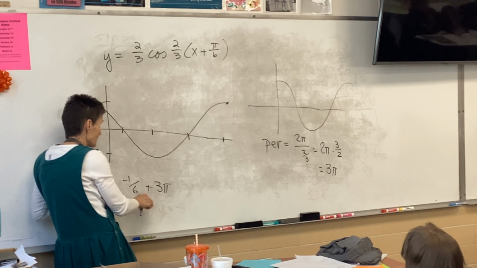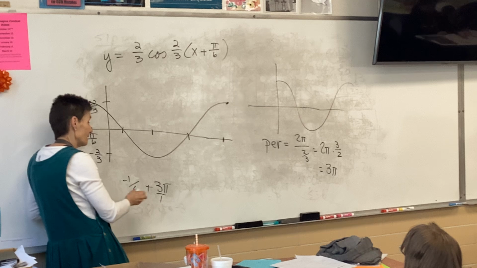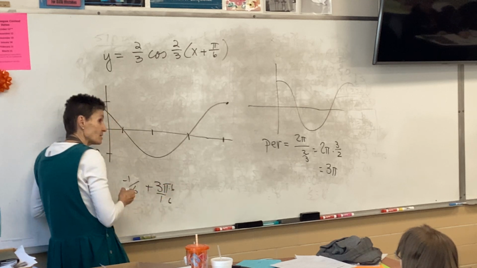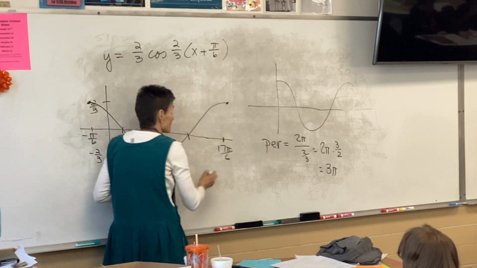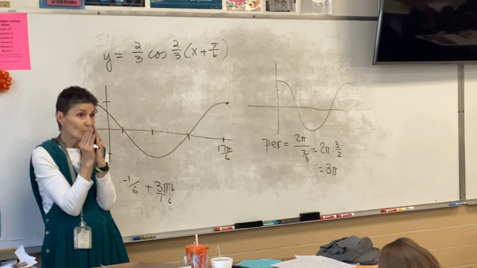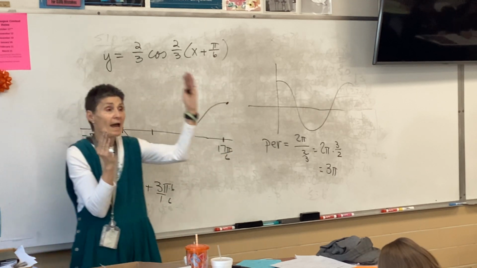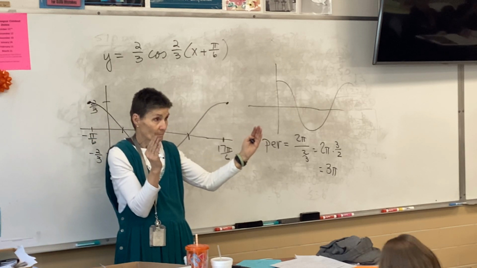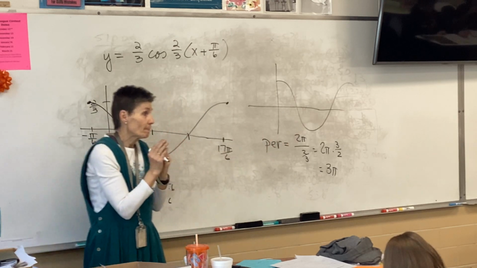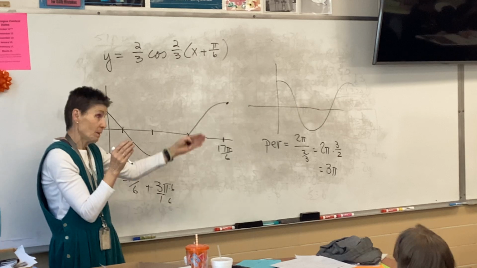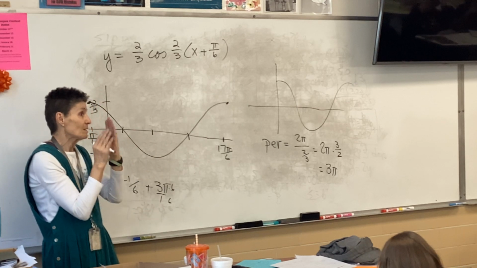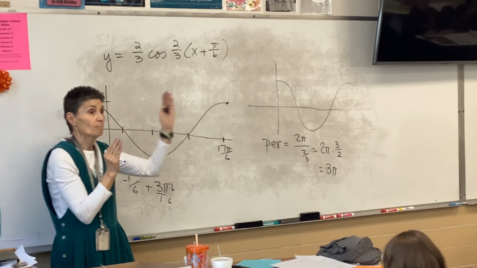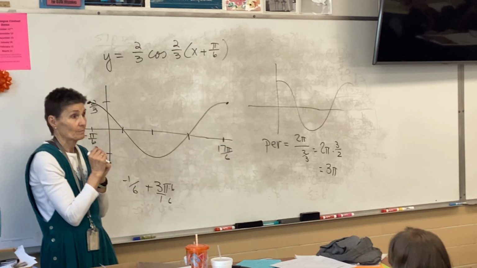Negative 1/6 plus 18/6 is 17 pi over 6. So wherever you start, you're going to add your period on. That's how far you're going to go. If you're at 0, you're not really going to think about it. So negative 1/6 plus 18/6.